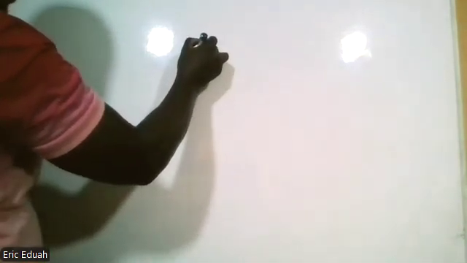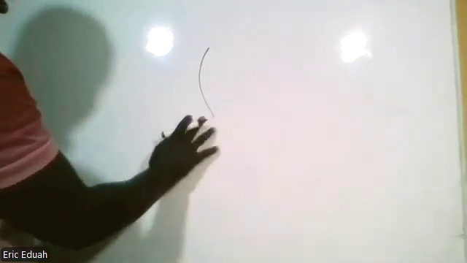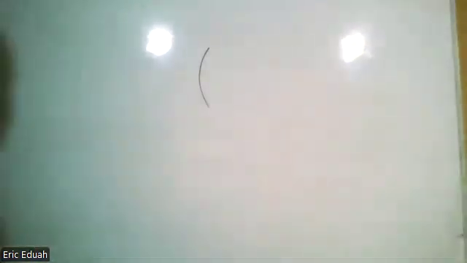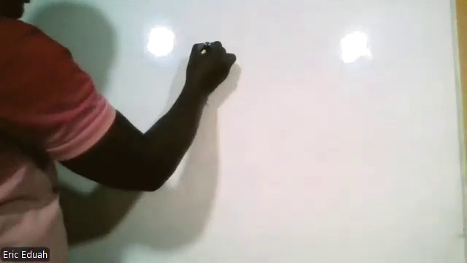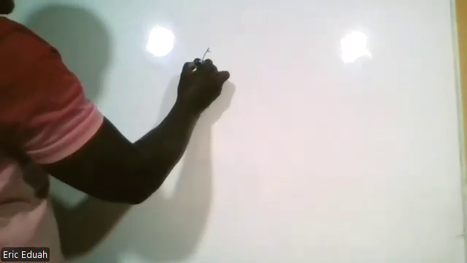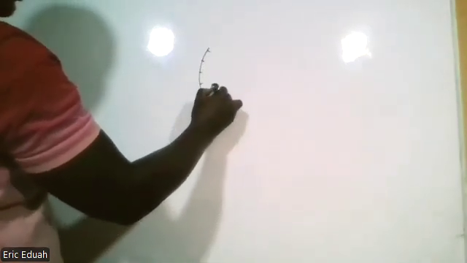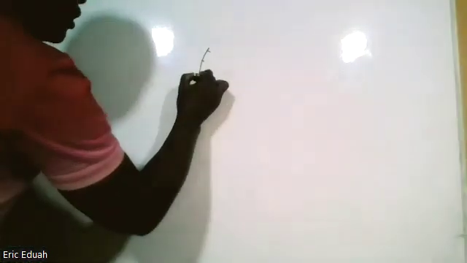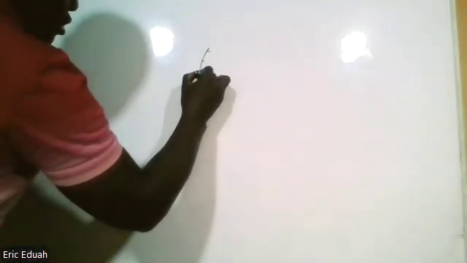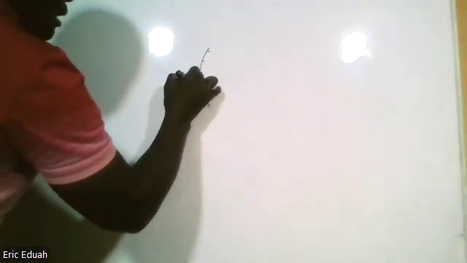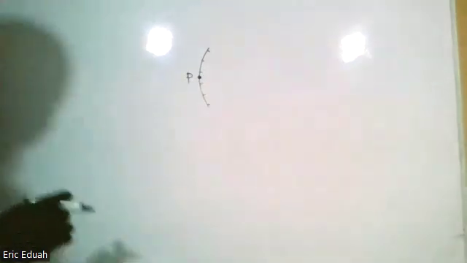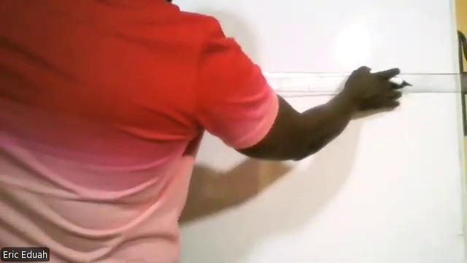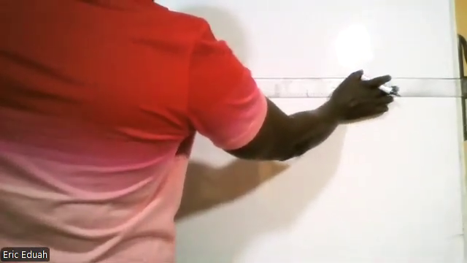The reflecting surface curves outwardly. Mirrors have small aperture. We don't draw a mirror like a bowl or a basin. Assuming this point is the pole, it must always be the center of the mirror. Let's draw the principal axis.